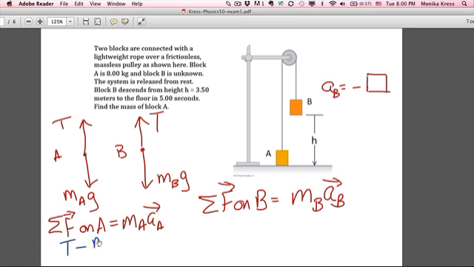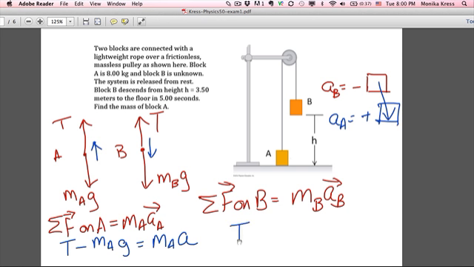T minus mAg is equal to mA times the acceleration of A. The acceleration of A is the positive of whatever this was. So if this was negative 4 meters per second squared, this is positive 4. This term has to be positive because this acceleration points up, this acceleration points down.